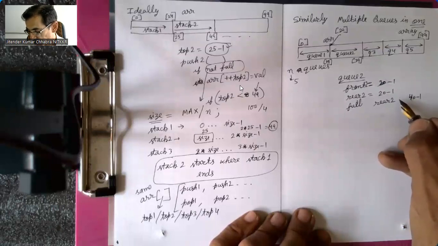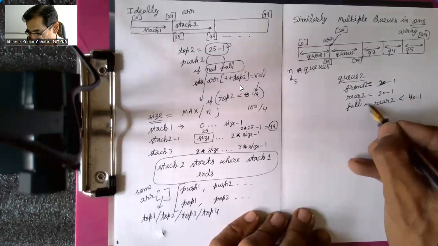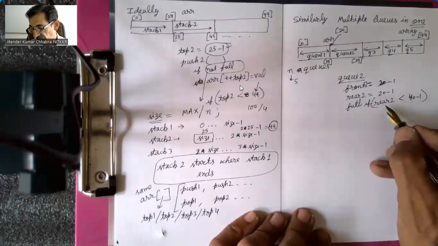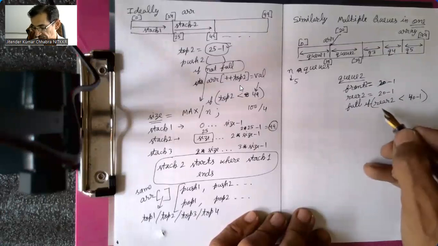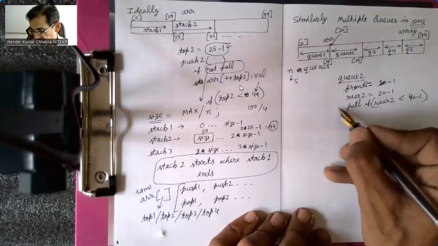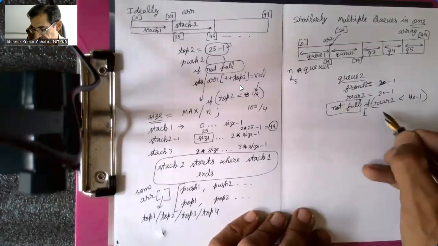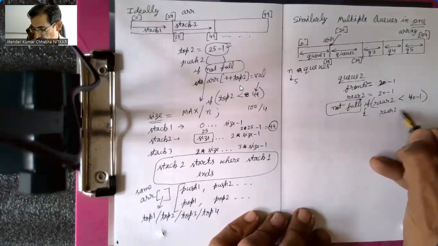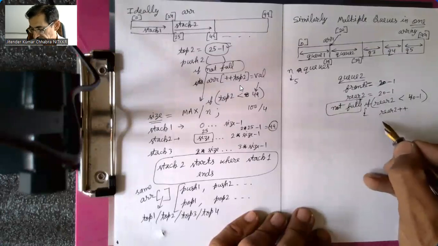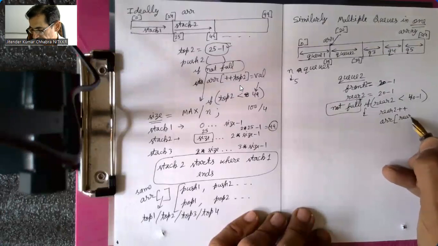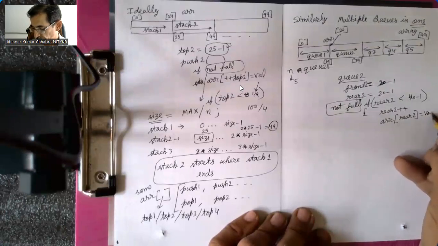So if my rear 2 is less than 40 minus 1, it means there is space left, because up to 39 it can go. Rear 2 less than 39 means the next location to rear can be used. That will mean not full, and I can increment rear 2 plus plus, and then store into ARR itself the corresponding value.